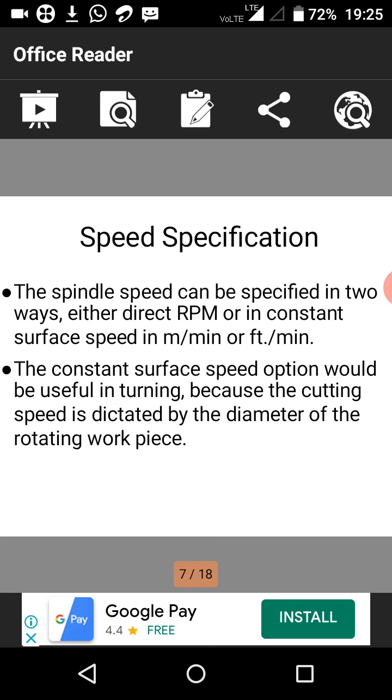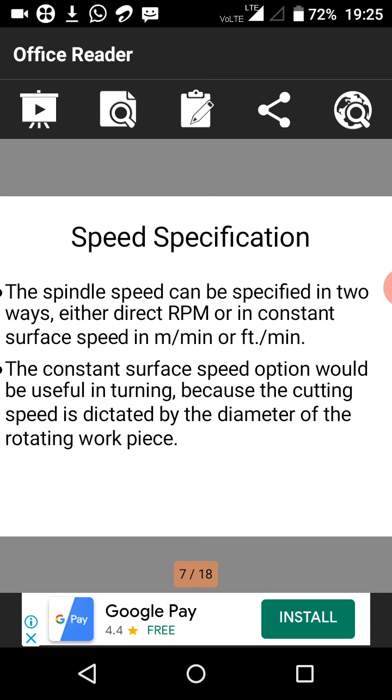The constant surface speed option is useful in turning, because the cutter speed depends on the diameter of the rotating workpiece. In this way we specify the speed for cutting the specified length or diameter.